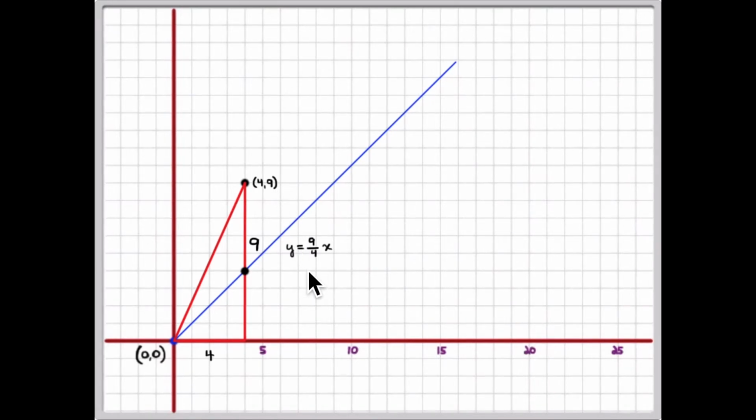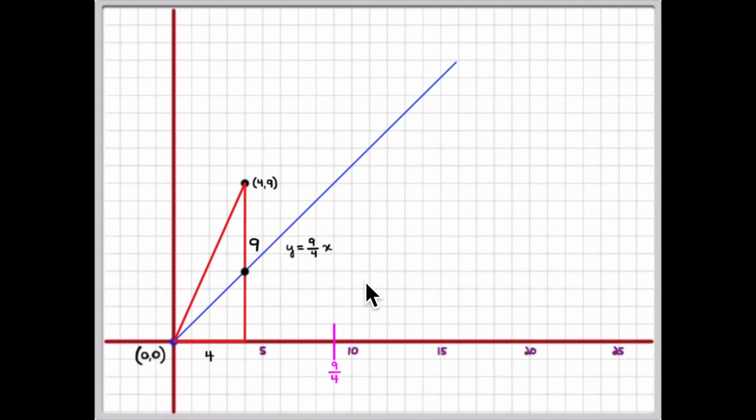So this vertical length is 9/4 the horizontal length. So whatever the horizontal length is along this line here, the vertical length will be 9/4 of that length. So here's the 9/4 right here.